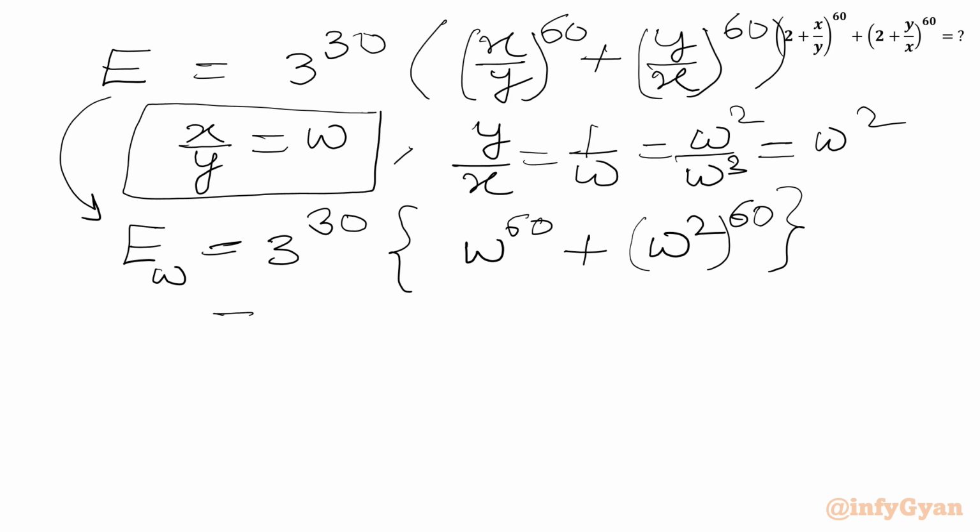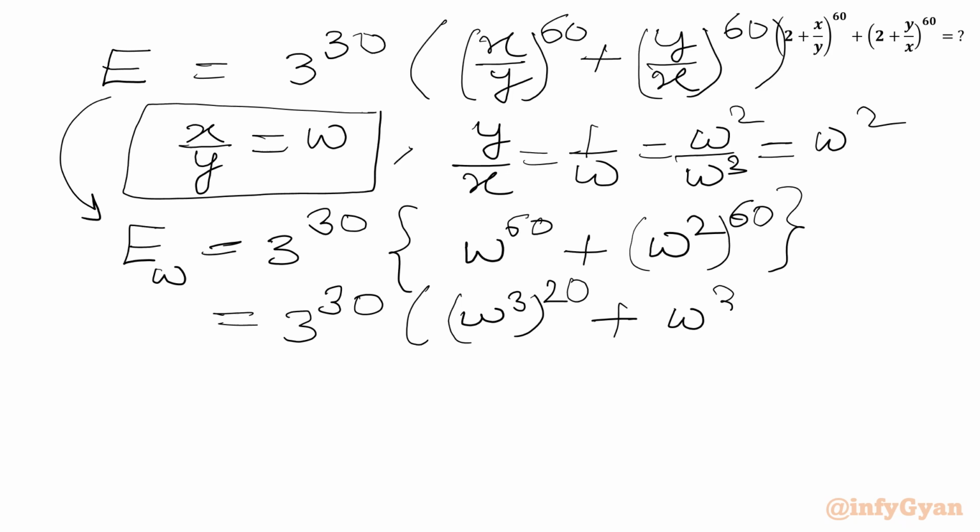This will be equal to 3^30 in the bracket. Omega^60 we can write (omega cube)^20. And here I will write omega^120, which will be equal to (omega cube)^40.